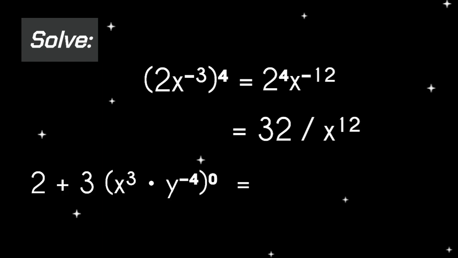Next, 2 plus 3 times the quantity of x cubed times y raised to power of negative 4 quantity raised to power of 0. Here, from the zero power rule, any term that has exponent of 0 would be equal to 1. So that's 2 plus 3 times 1 equals 5.